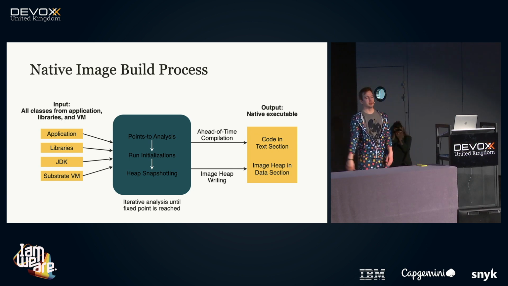Then the compilation process is an iterative exploration of what our application actually does. So it starts loading the code, and it starts determining which classes and which members of the classes are actually accessed, or can potentially be accessed, at the runtime of our application. So it follows the method calls, and it follows the object creation code, and it initializes certain classes if you want.